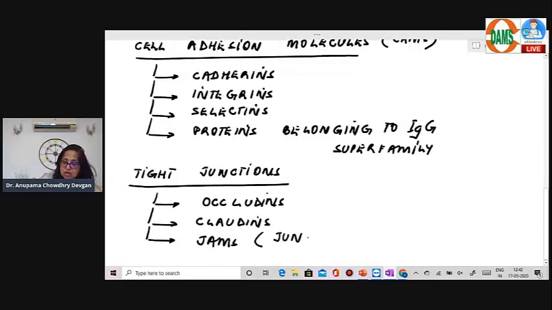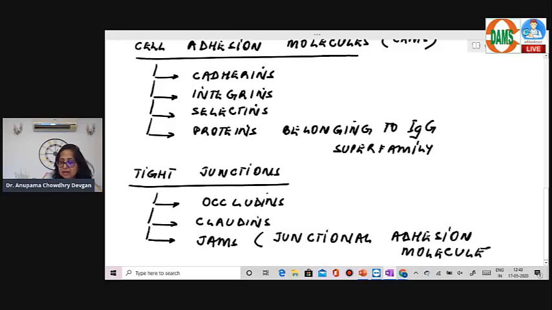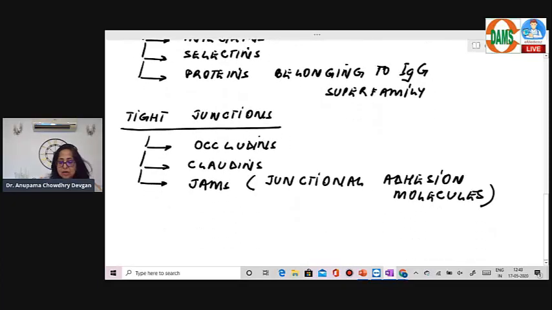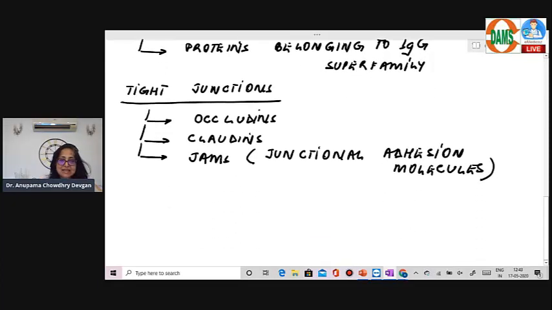JAMs are junctional adhesion molecules. Occludins, claudins, and JAMs. Tight junctions, now these are very specific, and the name itself tells you that these are tight junctions between cells.